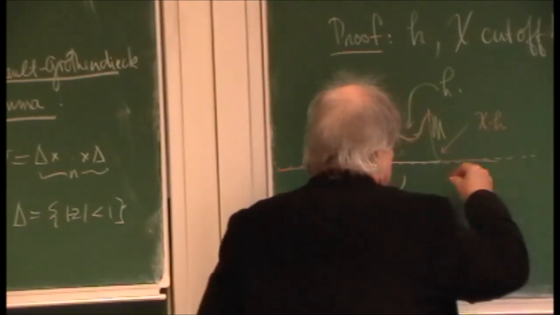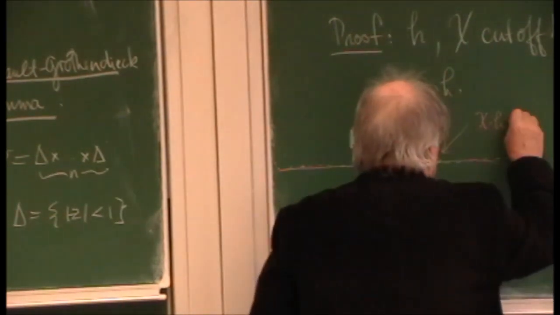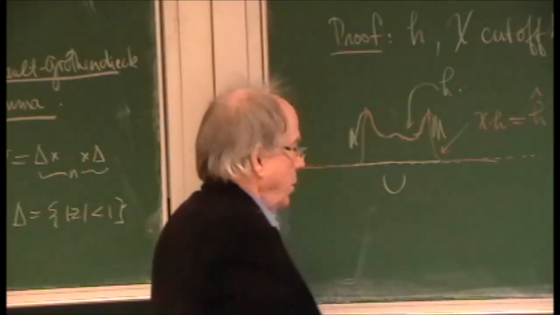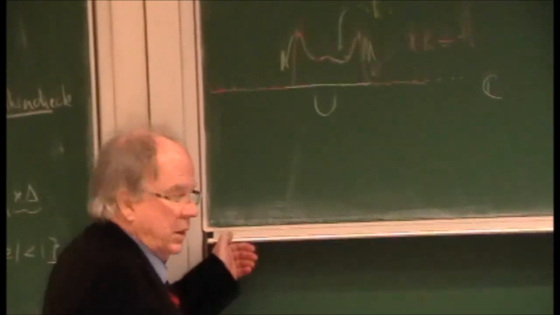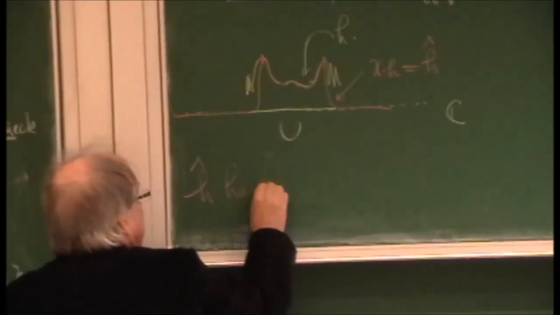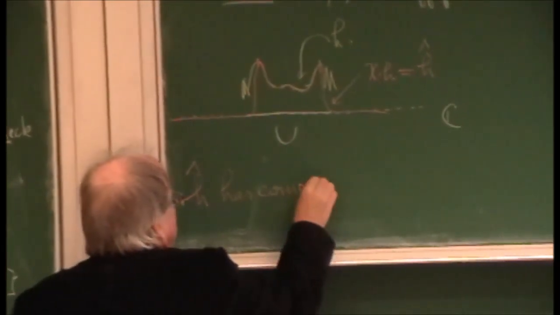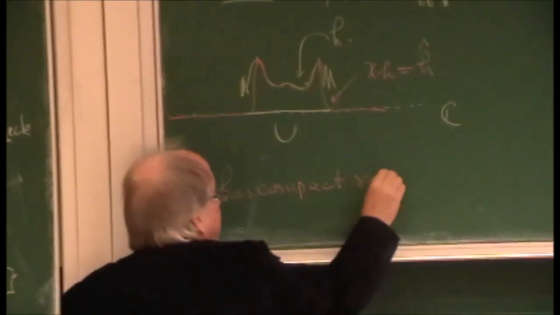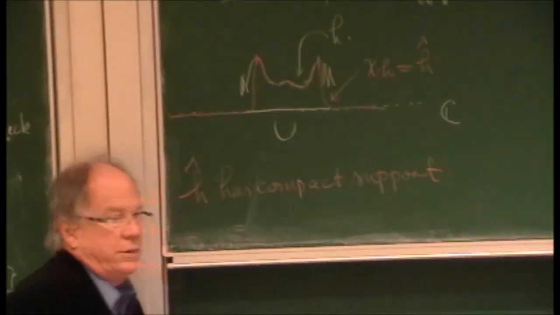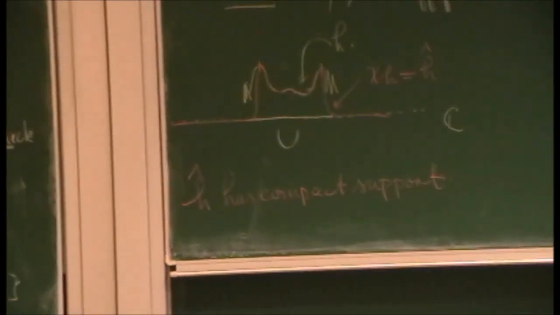Let's call it H hat. So this function has compact support. This is the point. It exists on all of C and has compact support, so you're not afraid of anything.